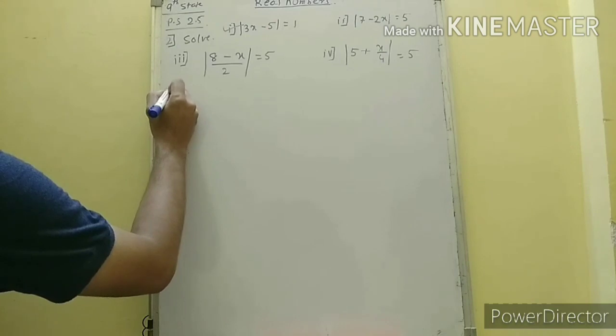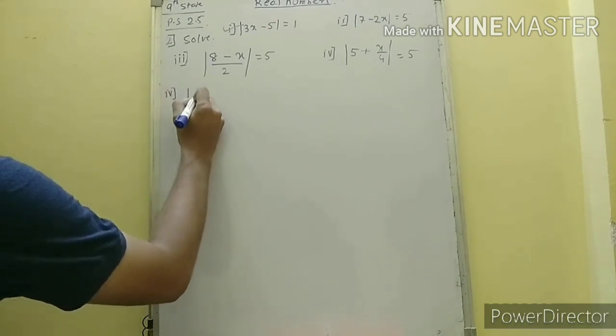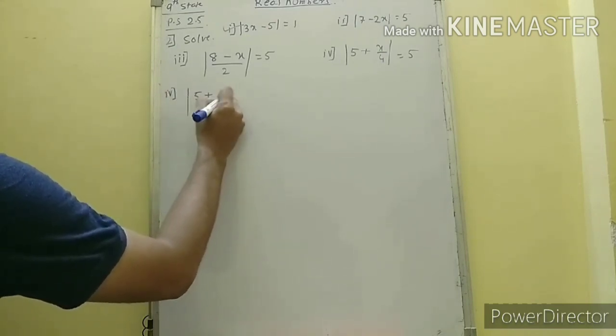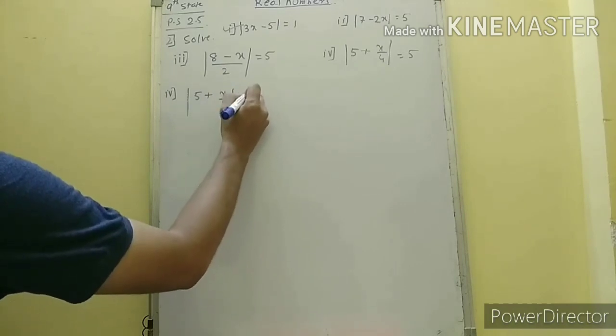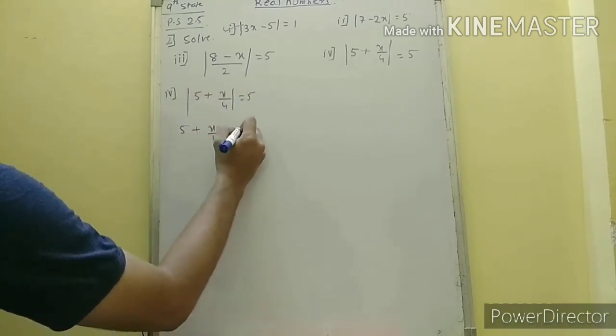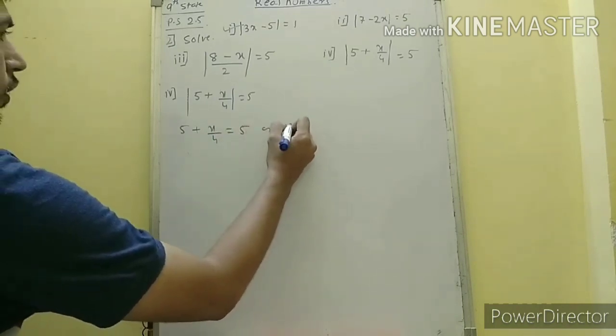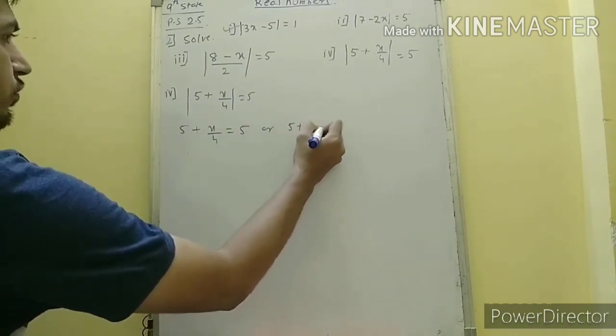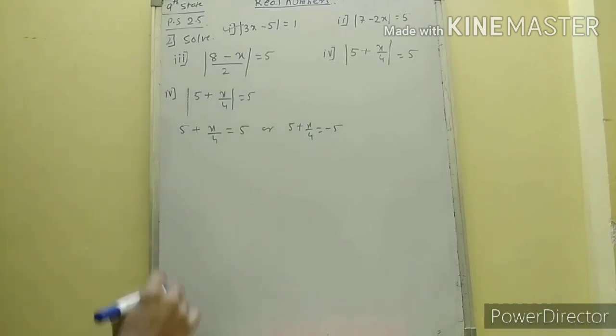Fourth one. Modulus of 5 plus x upon 4 is equal to 5. So 5 plus x upon 4 is equal to positive 5, or 5 plus x upon 4 is equal to negative 5. See, this plus 5 will go there and become minus 5.